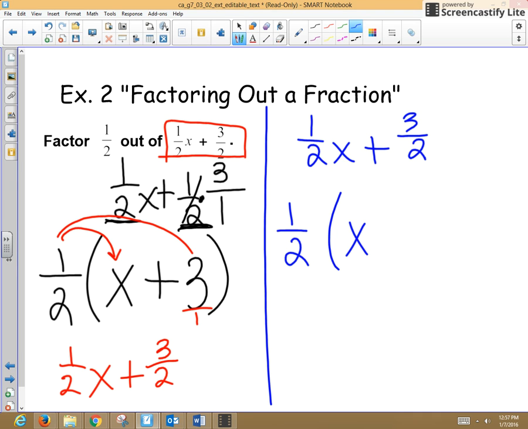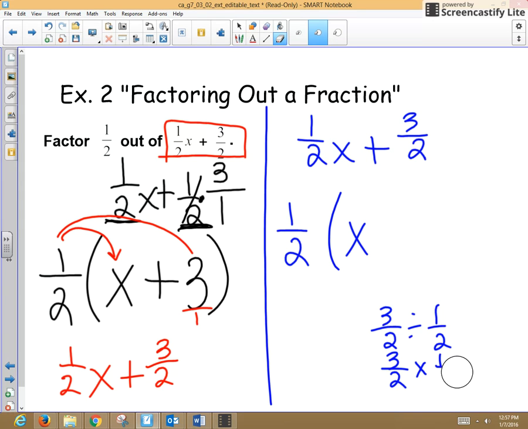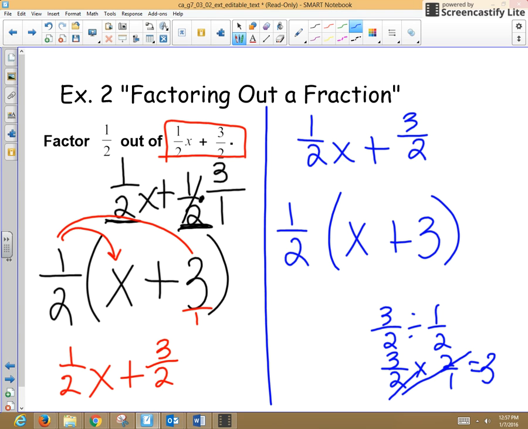So think about it like this. 3 over 2 divided by 1/2. Well, when we are dividing fractions, you're multiplying by the reciprocal, which would be 2 over 1. And from here, you can cancel out the 2's and you're left with 3. So you can still do it using the division method here. You get the same answer either way.